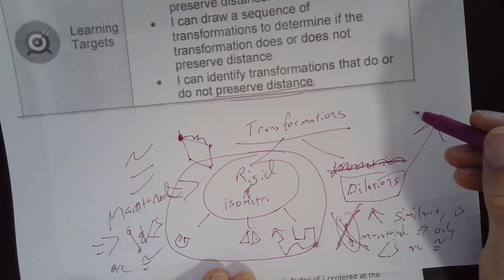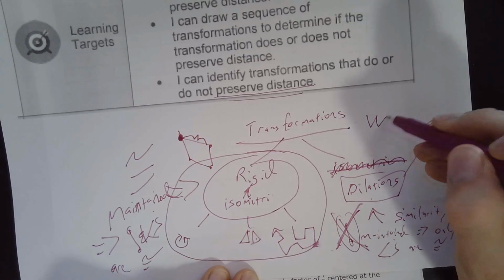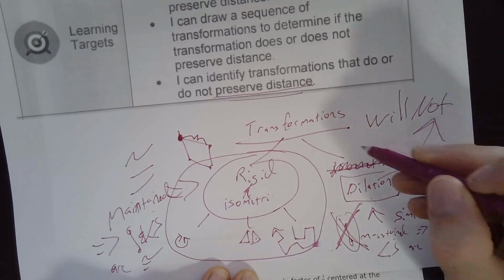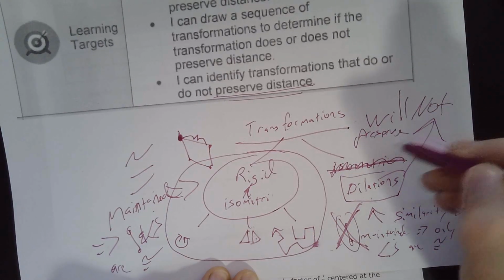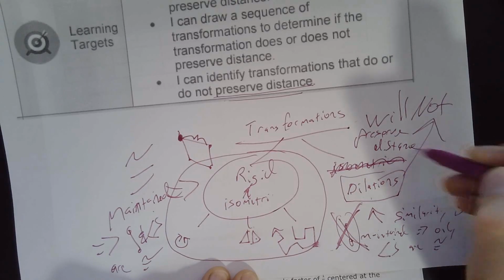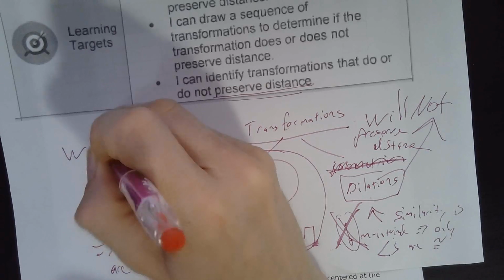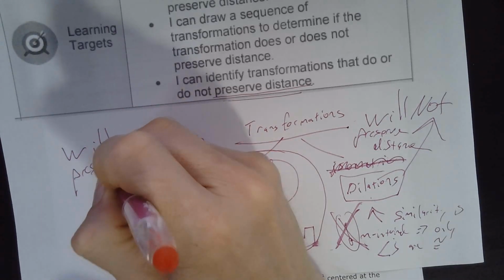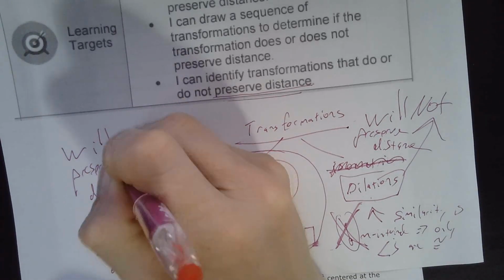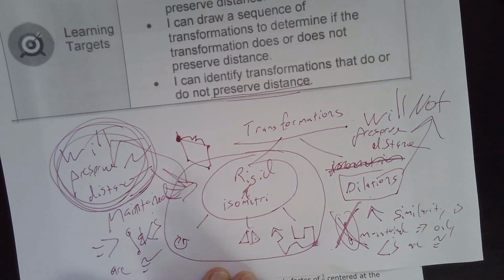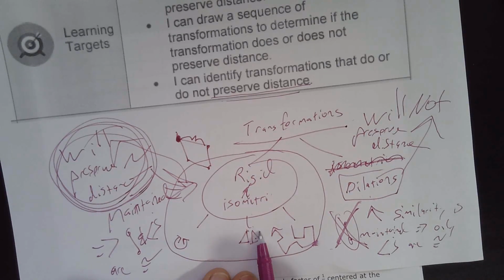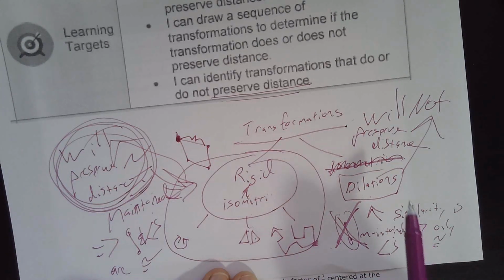So dilations will not preserve distance, whereas the rest of these will preserve distance. So rigid transformations, also known as isometric transformations, rotations, reflections, translations, preserve distance. Dilations do not.